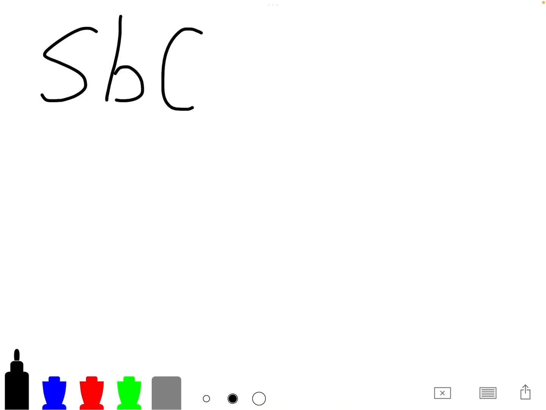We'll have the Sb, that is antimony, in the middle. And this will be Cl, Cl, Cl, Cl, Cl. 1, 2, 3, 4, 5.